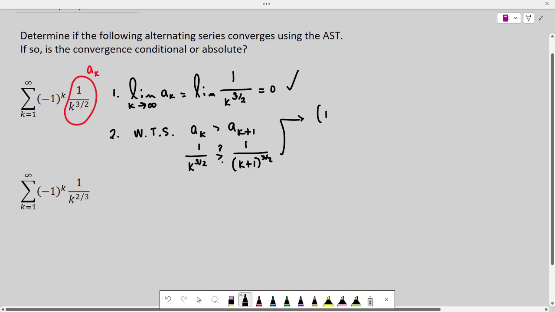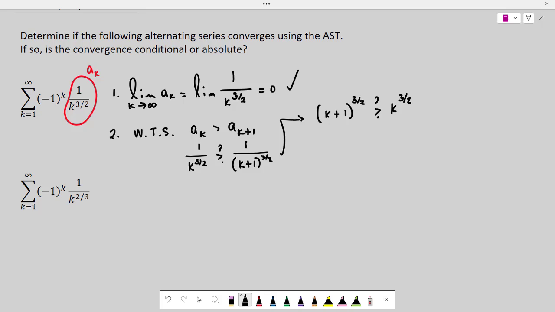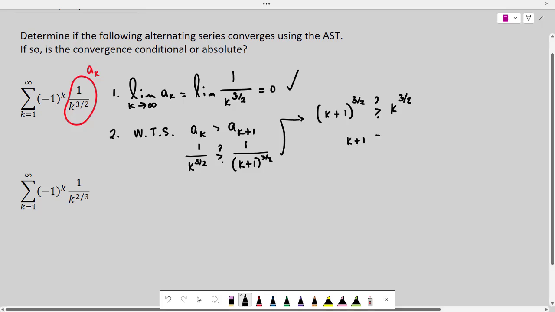Then we do our cross multiplication. So now we have matching powers, so we can unpower them. Take the 2/3, raise both sides to the 2/3 power. Or we can just equate the bases.